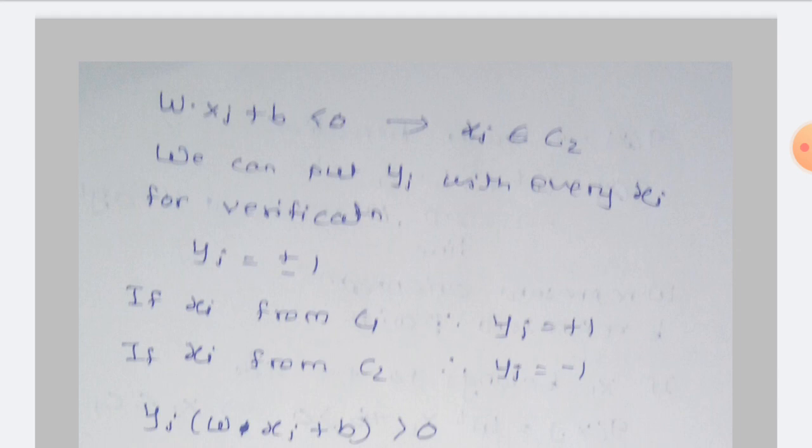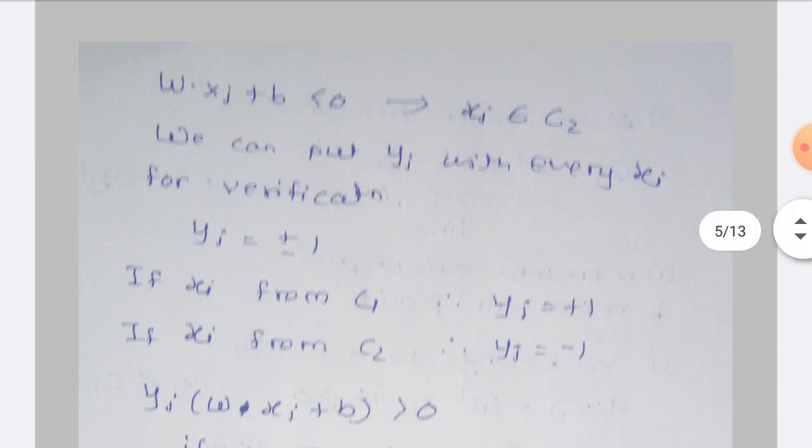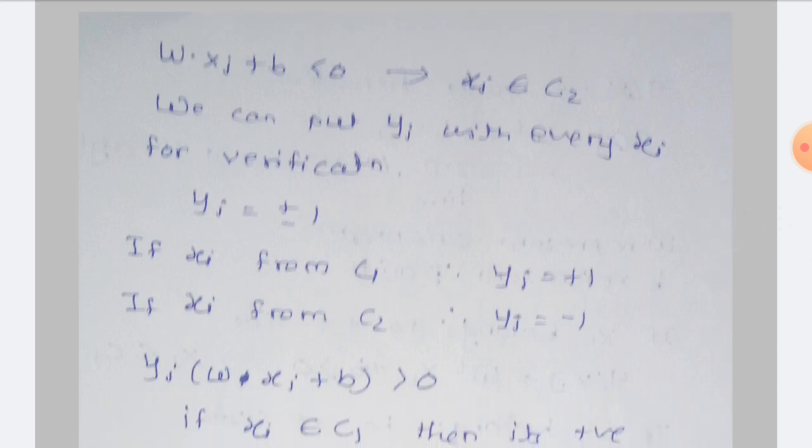When we design the classifier and already know whether xi belongs to class 1 or class 2, we can assign the class belongingness to every xi. Now how do we add this class belongingness to the equation? We change the equation from W dot xi plus b to yi times (W dot xi plus b).